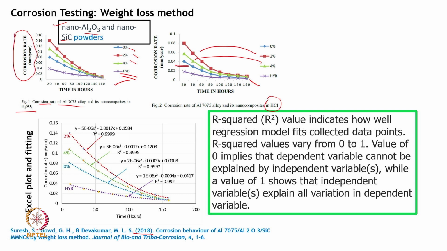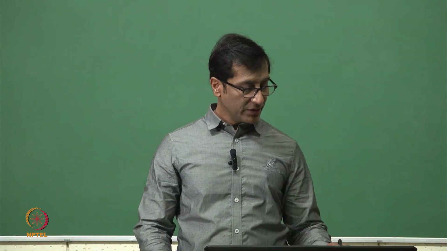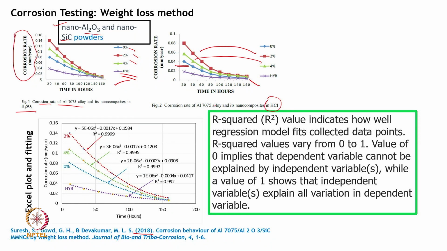So this is what we wanted to digitize and replot, and that has been shown over here. We have digitized the curve, and here the R squared value indicates how well a regression model fits the collected data. This value should vary from 0 to 1. A value of 0 implies that the dependent variable cannot be explained by the independent variable.